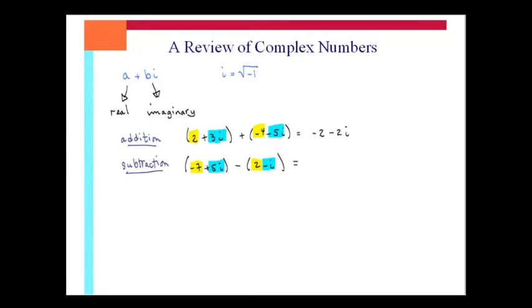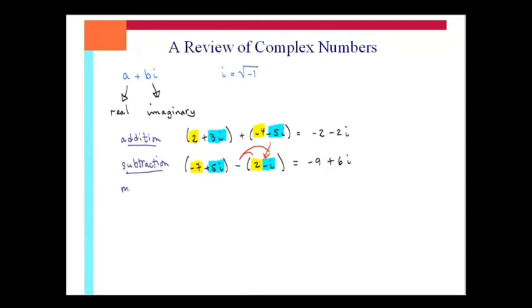For instance here, this is a -1i. Well, we'll combine first the real parts, so we have -7 minus -2. That would be -5. Again, the negative sign in subtraction should distribute through to both parts of the second complex number. Combining then the imaginary parts, we have 5 minus a -1, or positive 6i. That's subtraction.